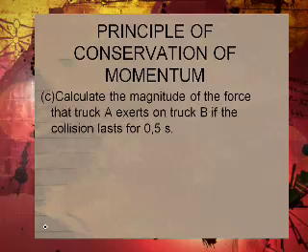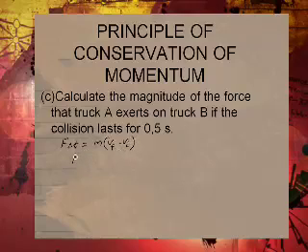And then now calculate the magnitude of the force that truck A exerts on truck B if the collision lasts for 0.5 seconds. Now here we need to get the momentum of B before. F delta T equals M into V final minus V initial.